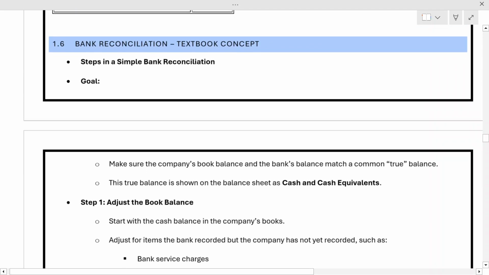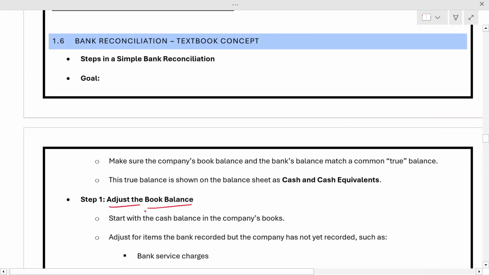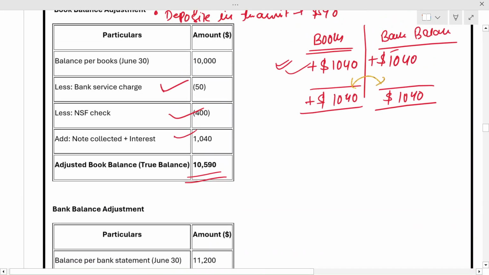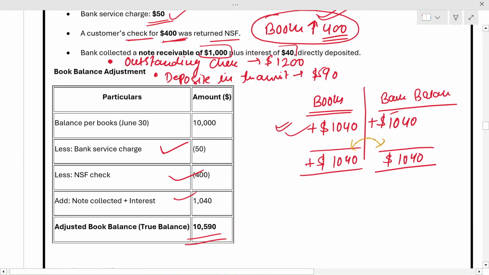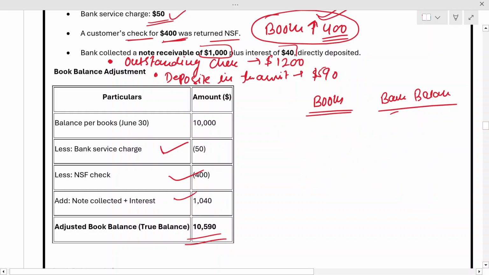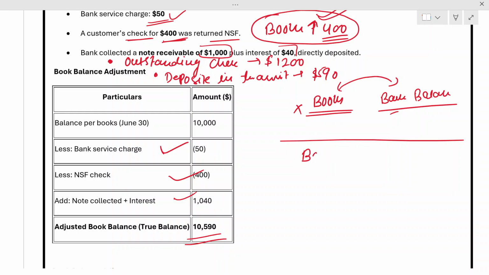So what we were saying in the first step is that we need to adjust the book balance based upon all the transactions which are recorded in the bank but not in the books. So this was the first step. Now, in the second step, instead of writing books here first, we will be writing the bank balance here first.